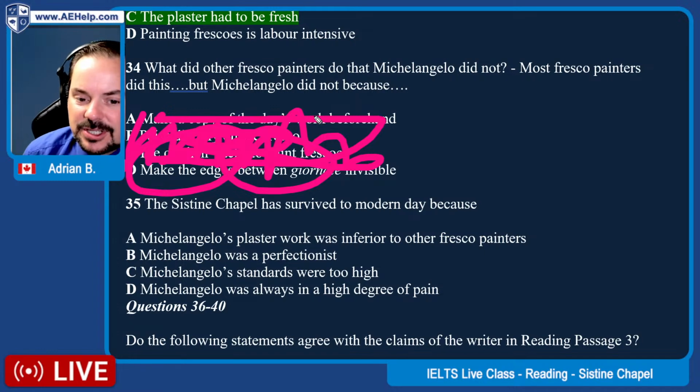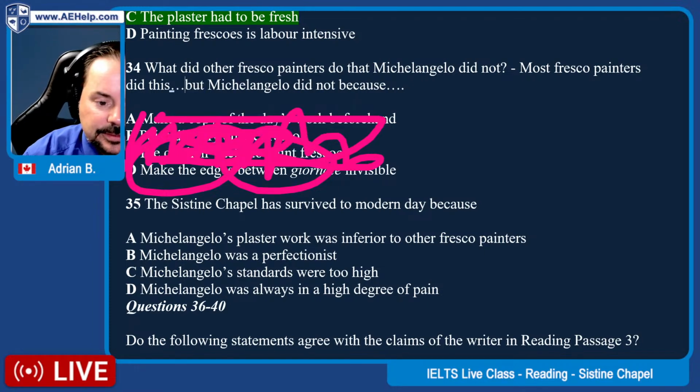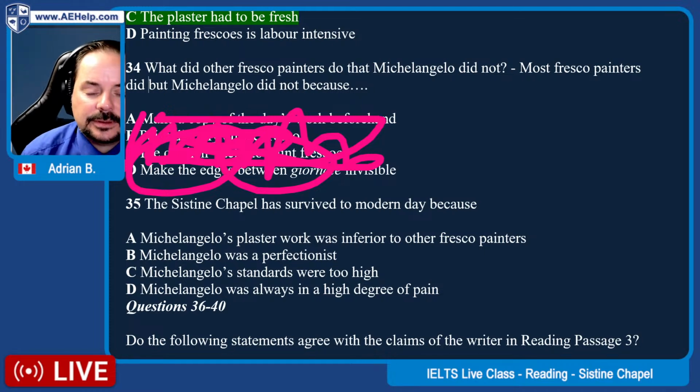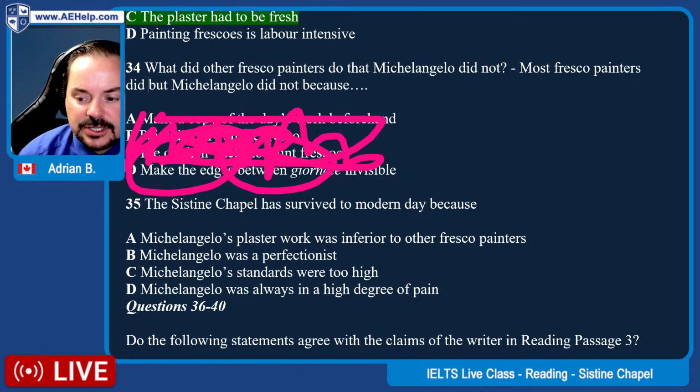Most fresco painters did what? So there was probably that they paint when the wall was... I visualized this. Eba's got an answer for you there.